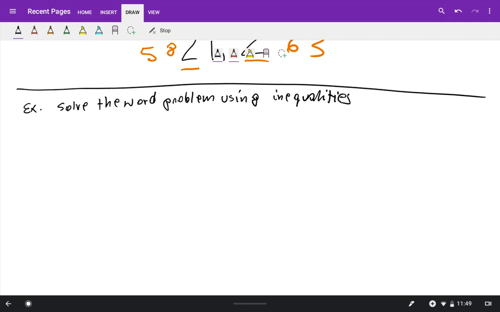So, example, to get at least B, and this problem should be familiar to you guys.